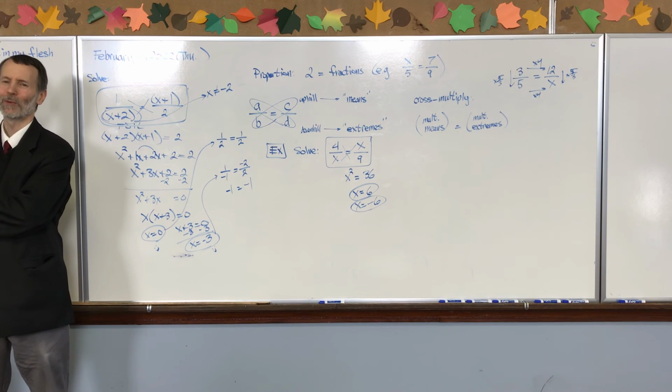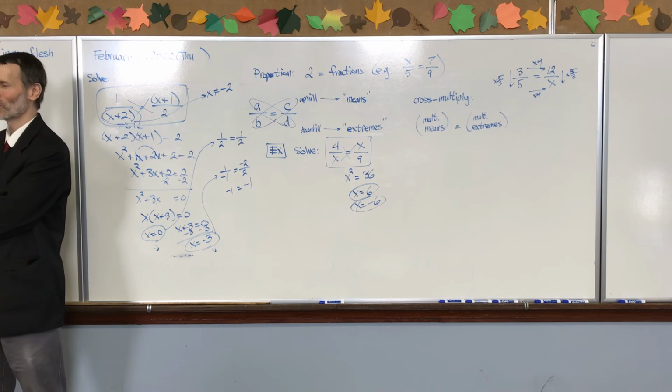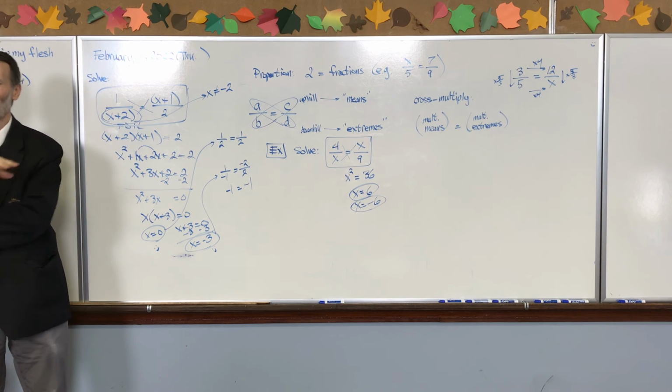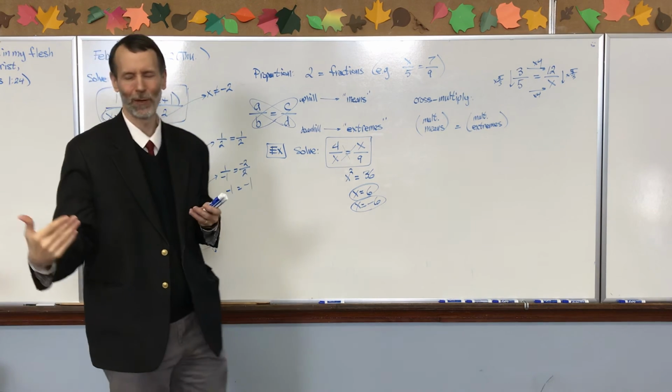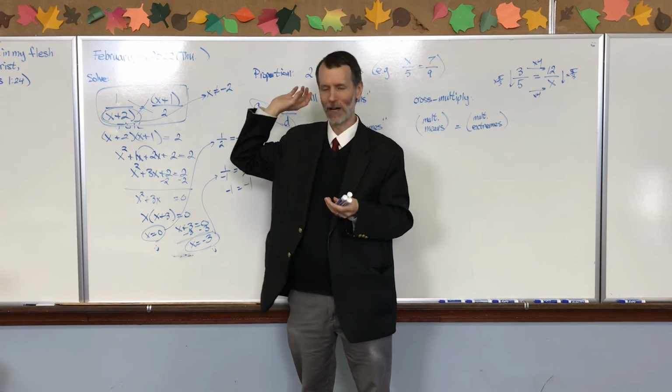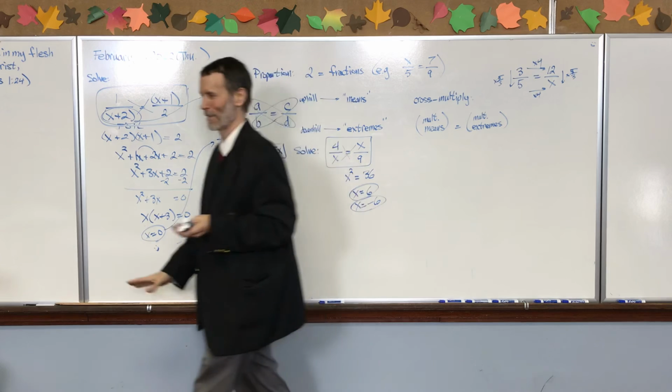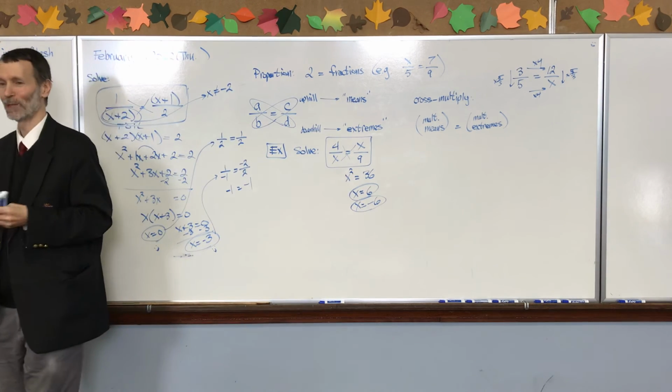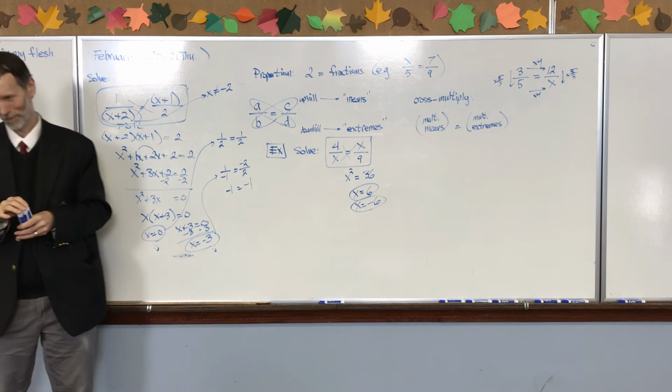Every time you have a variable in the basement, the book assumes you're going to list restrictions. You don't have to list them as part of your answer, but if you get that as a solution, you have to know to throw it away. Otherwise, you're going to include an answer that blows up the problem, which is bad.